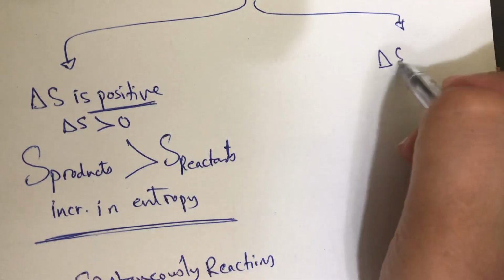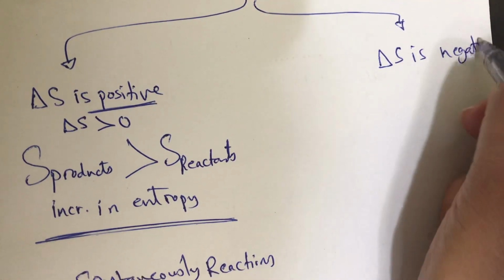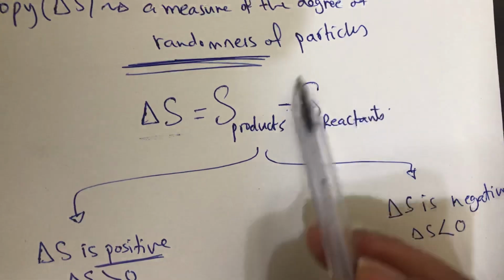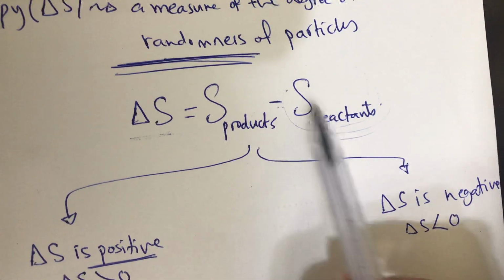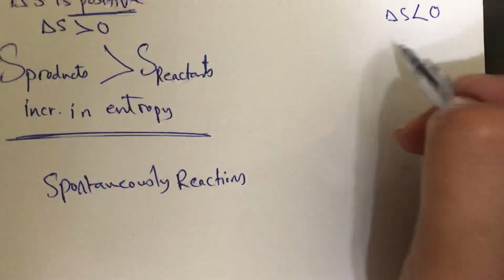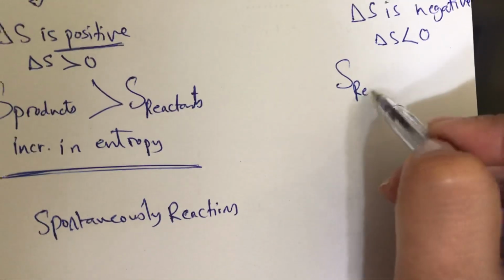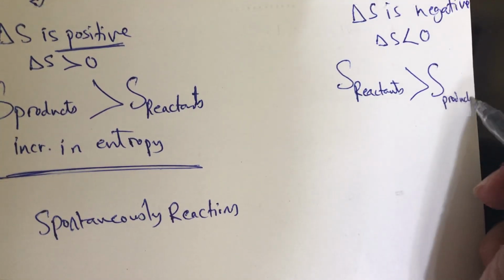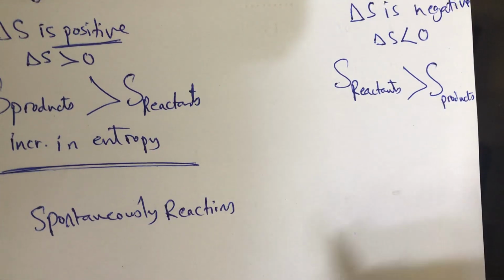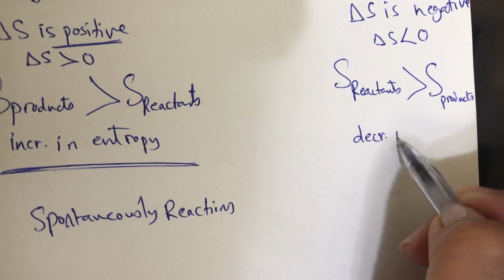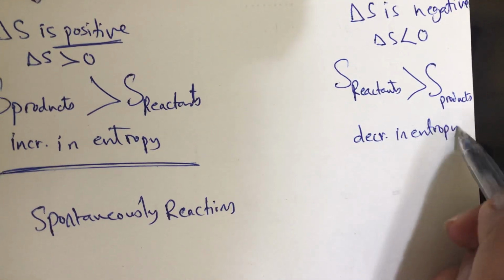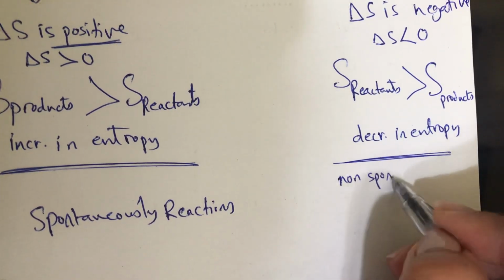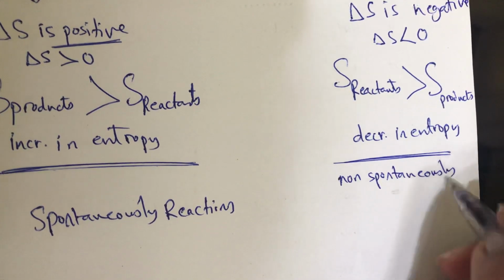In which case is delta S negative? When the entropy of reactants is greater than the entropy of products. So the randomness of reactants is greater than the randomness of products. So here, a decrease in entropy, so it's a non-spontaneous reaction.